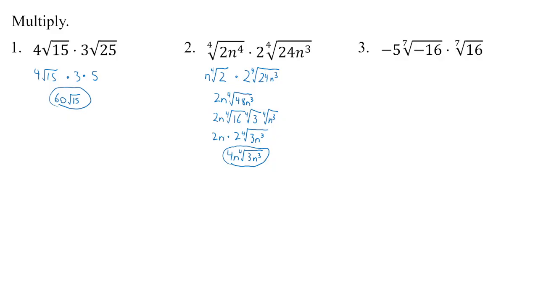Next, we have negative 5 times the seventh root of negative 16 times the seventh root of positive 16. First, when you take an odd numbered root of a negative, the negative can come outside. Therefore, this becomes the seventh root of 16 times the seventh root of 16.